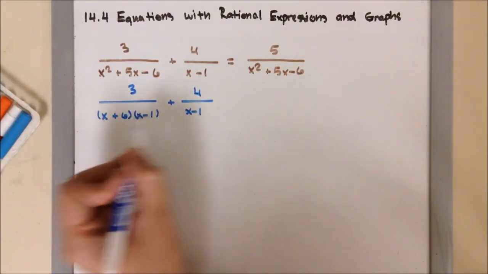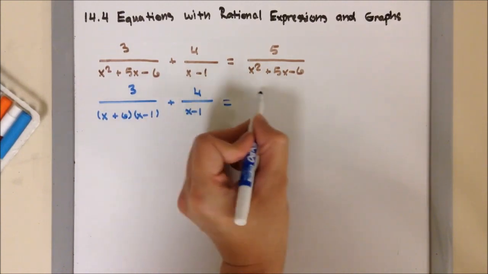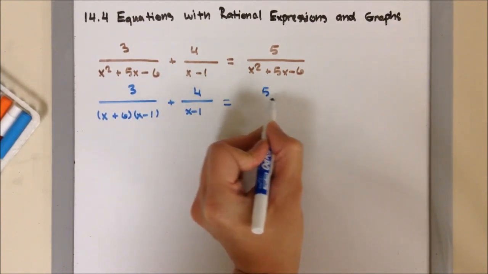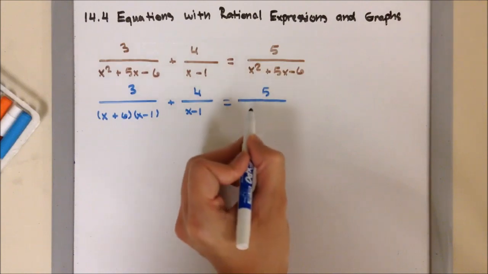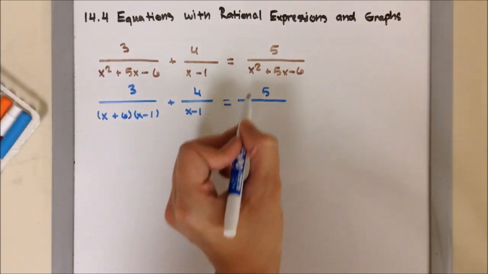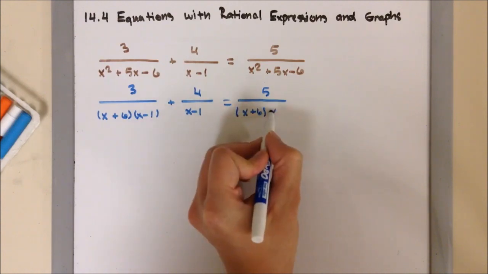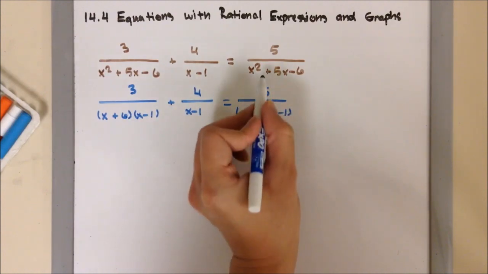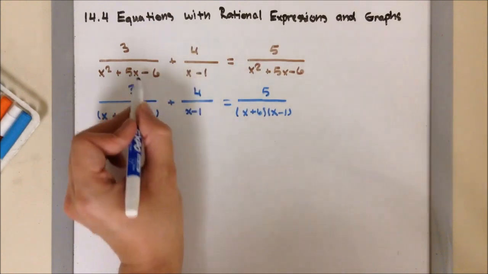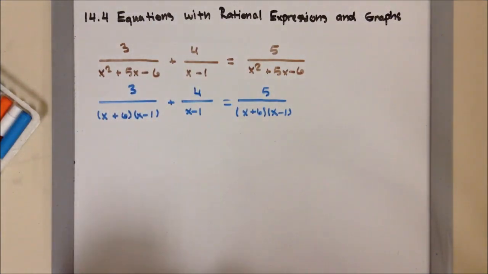So we just have that one. In the last fraction, we do need to factor the denominator, so we're going to get x plus 6 and x minus 1, because this denominator is the same as the first fraction's denominator. So we finished factoring. Now let's identify our LCD.